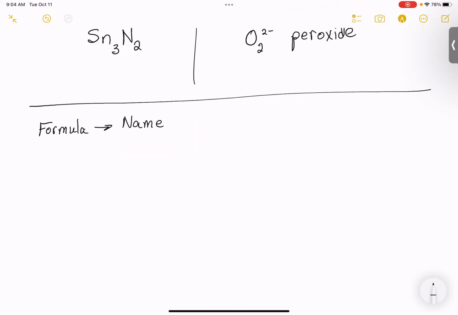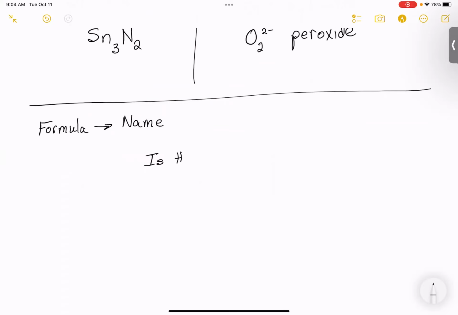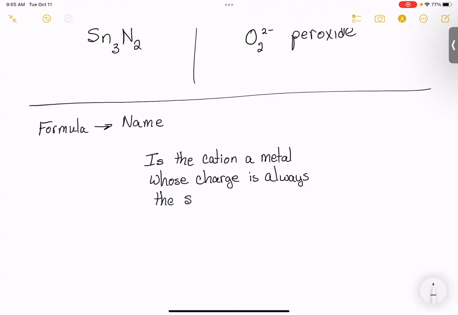Okay, so formula to name is the toughest. The first thing you're going to do is ask yourself the question: is the cation a metal whose charge is always the same, or is it ammonium?